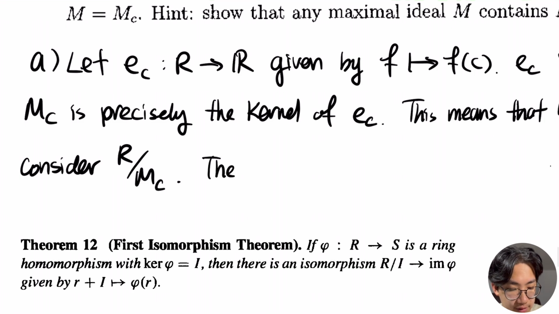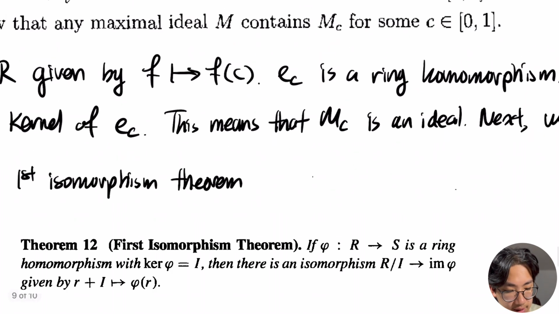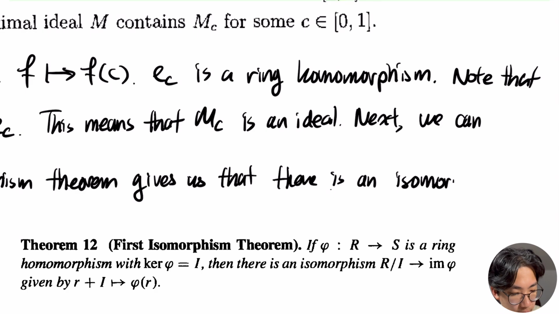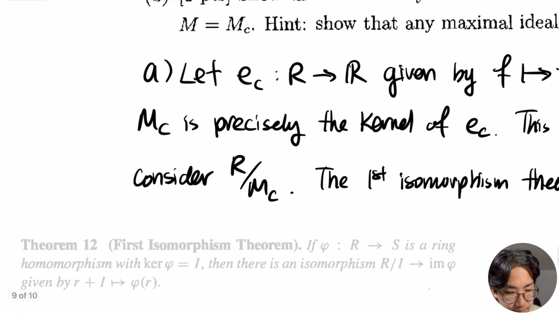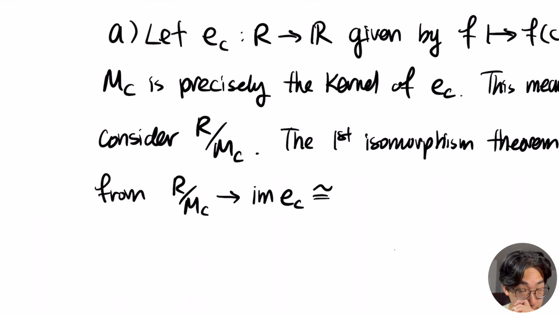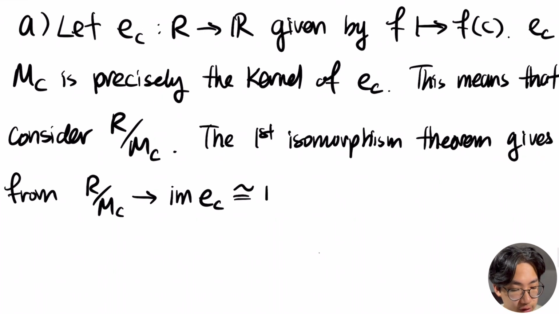So the first isomorphism theorem gives us that there is an isomorphism from this quotient ring here, R mod M sub C, to the image of the evaluation map here, which by the surjectivity claim that we made is just isomorphic to all of R, right?